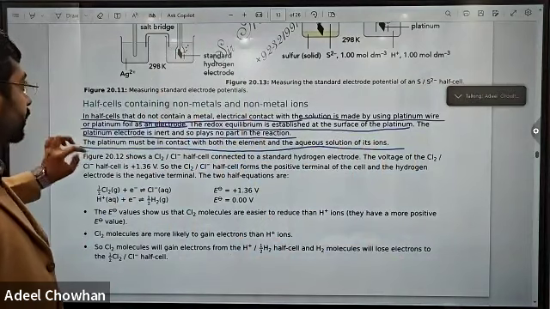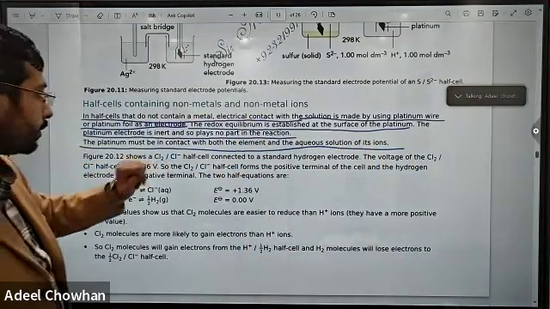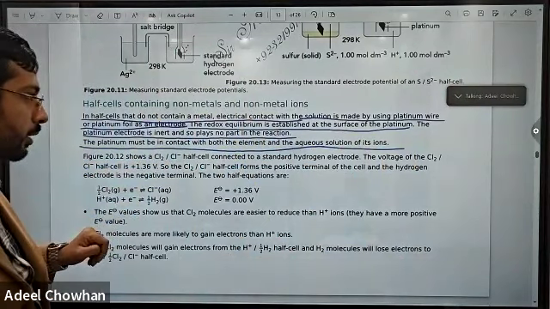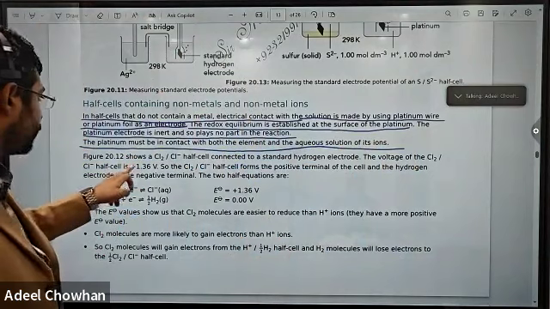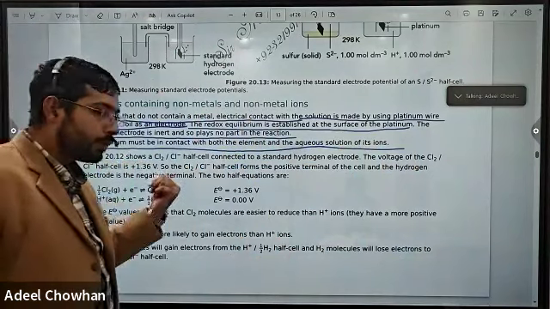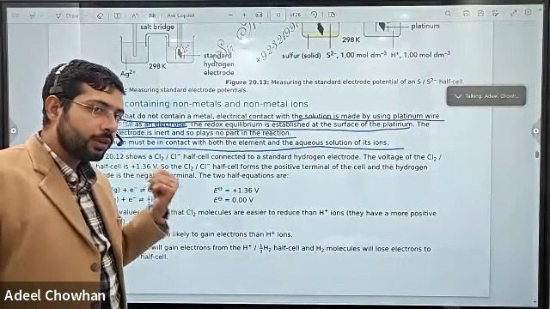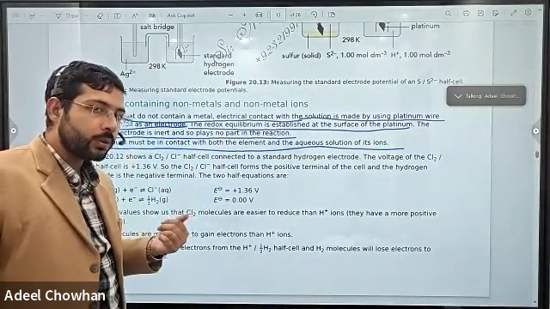Figure 20.12 shows a chlorine half cell connected to a standard hydrogen electrode. The voltage of the Cl2 half cell is plus 1.36. So if the value of the chlorine is plus 1.36, what does it represent? Will it become cathode or anode?